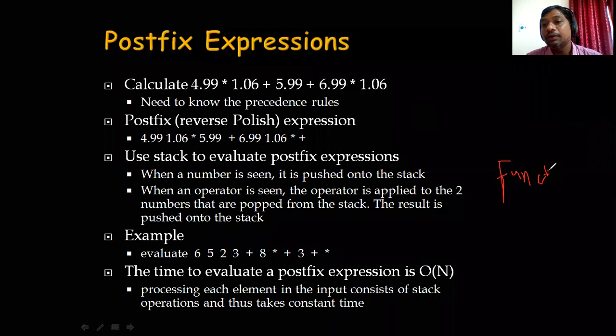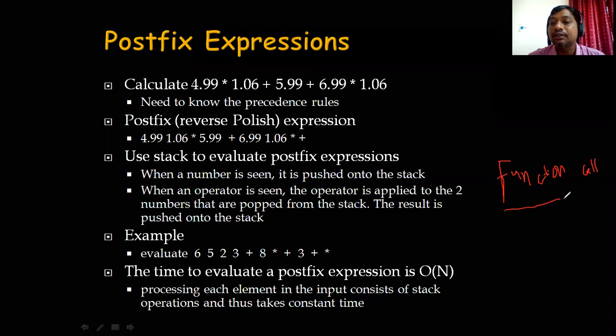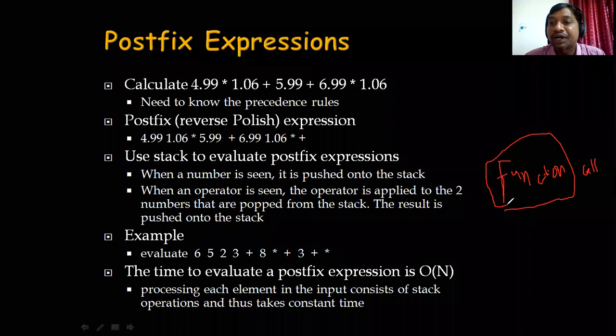So what is a function? A function is a self-contained block of code that is invoked or called by some other function or some other program. It is a self-contained piece of code that can execute a subtask. That is what we call a function.